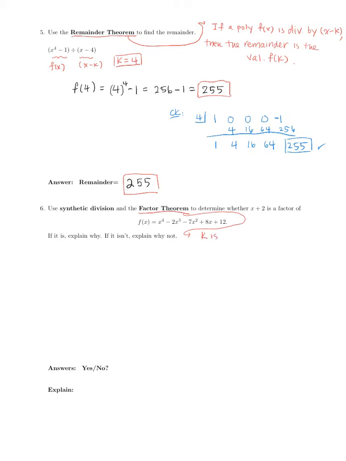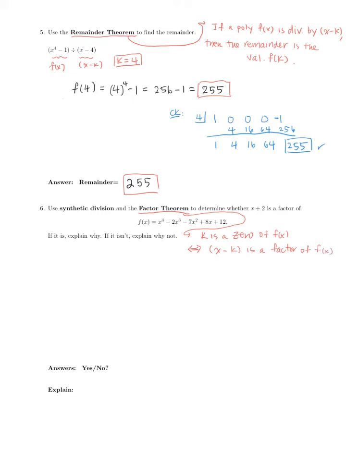k is a 0 of f of x if and only if, the notation for if and only if is a double arrow, x minus k is a factor of f of x.